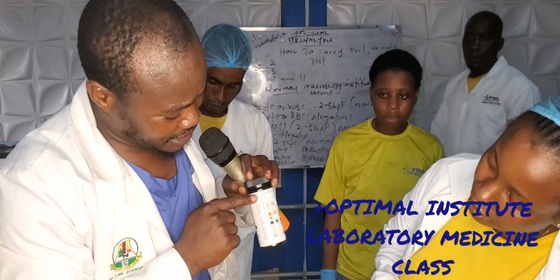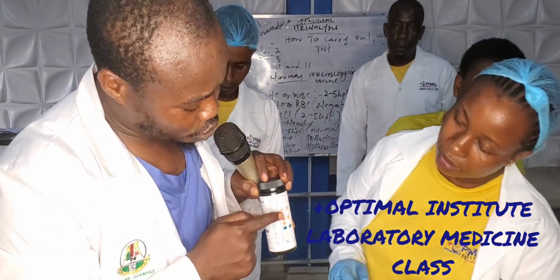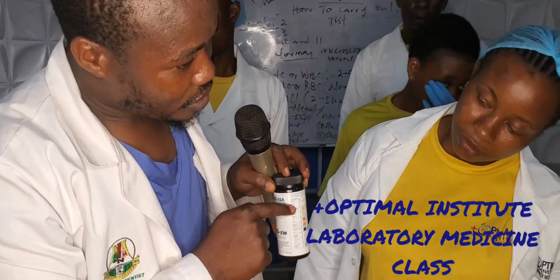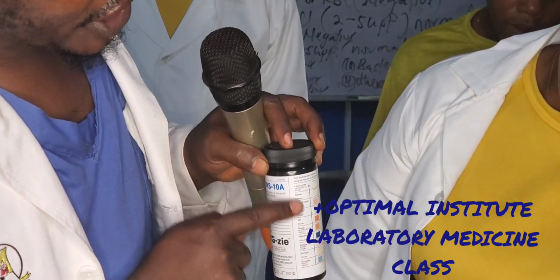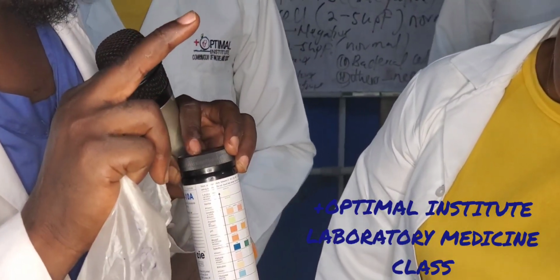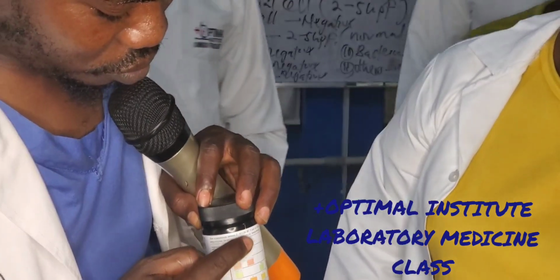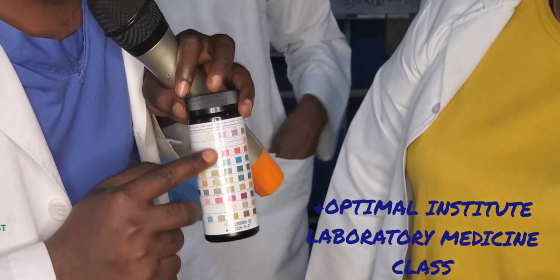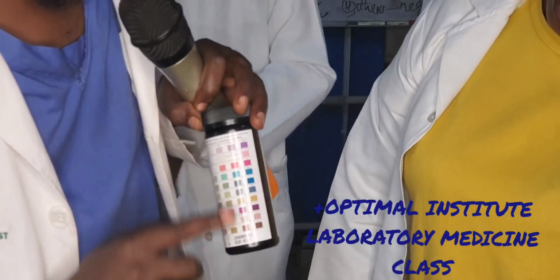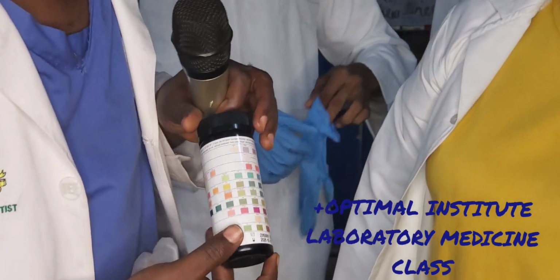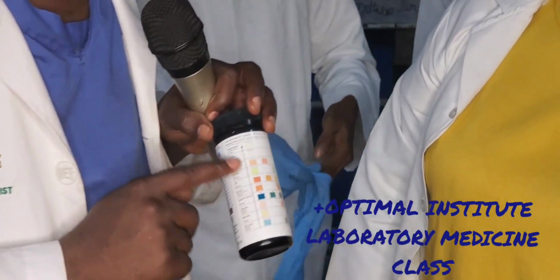The first color, the second color, the third, fourth, fifth, sixth, seventh. All these first colors, they are negative.